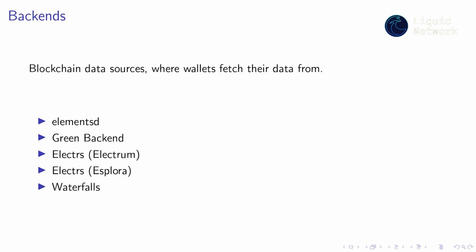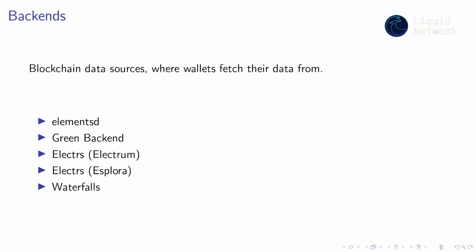On the backend side, when a transaction that affects your wallet is propagated to the network, you want to be aware of that. So when you have a wallet, you need a way to fetch the data that affects your wallet. And there are different ways to do so.